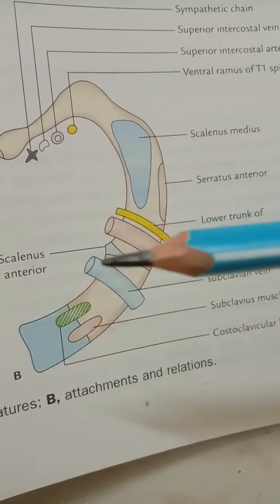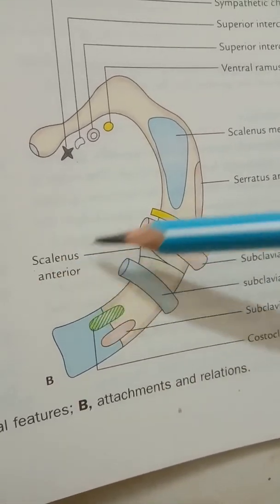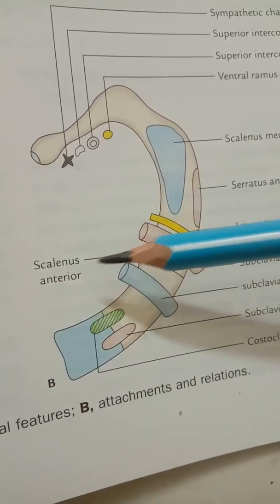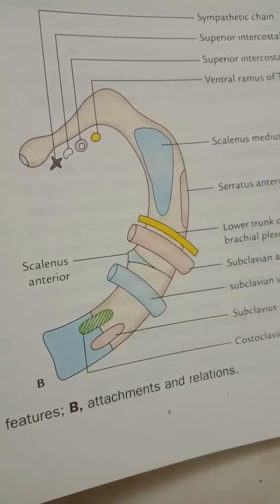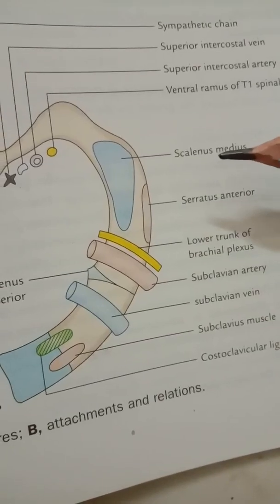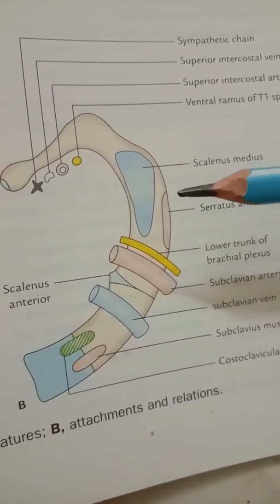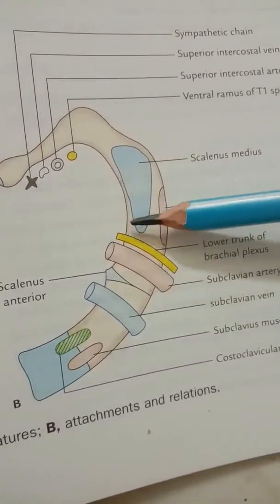Next to it is the insertion of the scalenus anterior, which is on the scalene tubercle. Then the insertion of the scalenus medius is on the elongated rough area behind the groove for the subclavian artery.